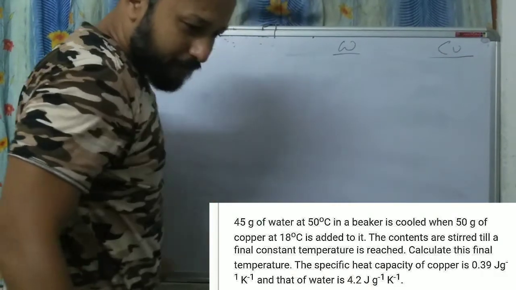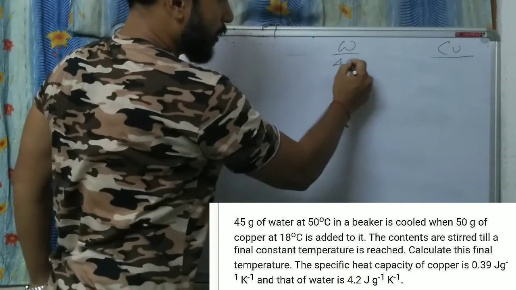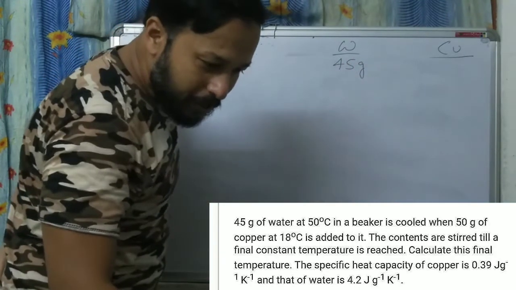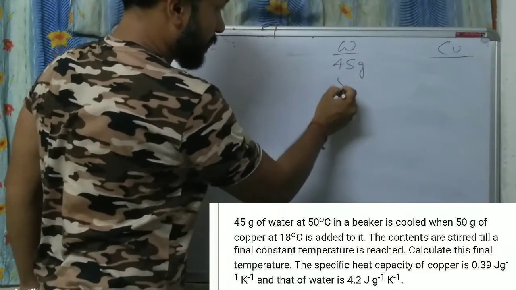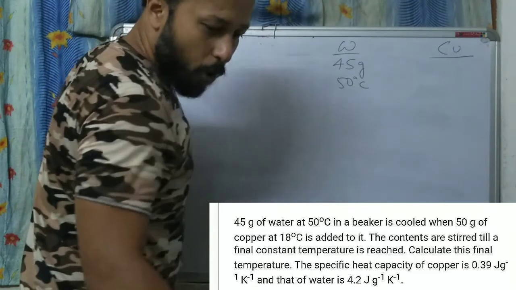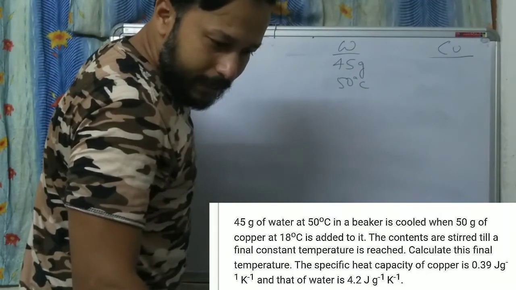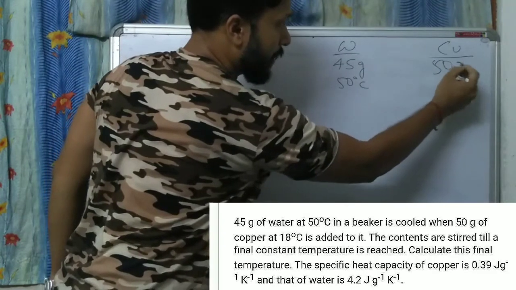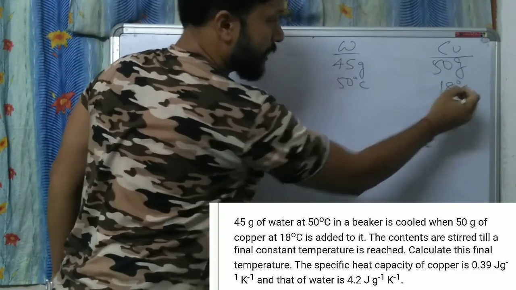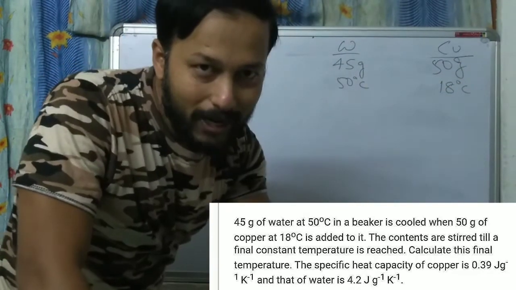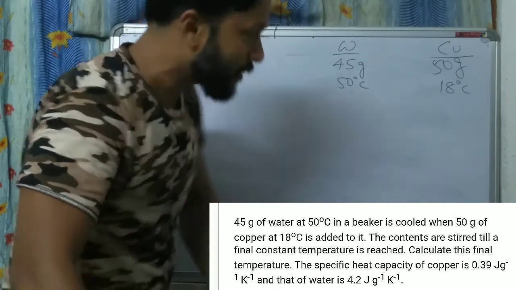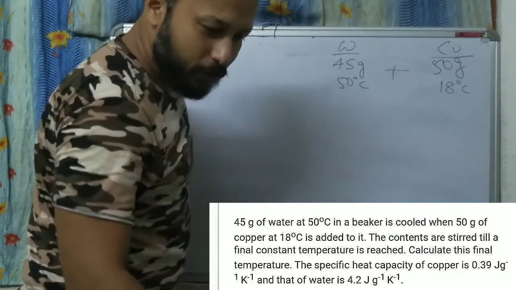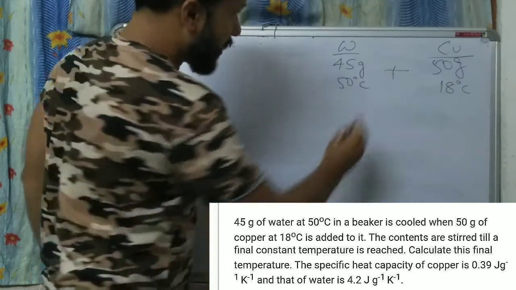Water is 45 gram, temperature is 50 degrees Celsius. Now copper. Copper is 50 gram, 18 degrees Celsius. Fine. Water and copper. Adding. We have to calculate the final temperature.